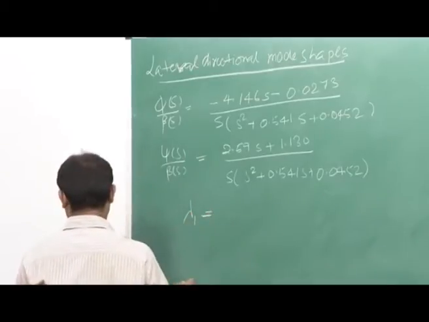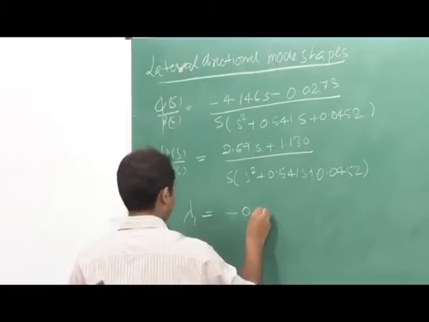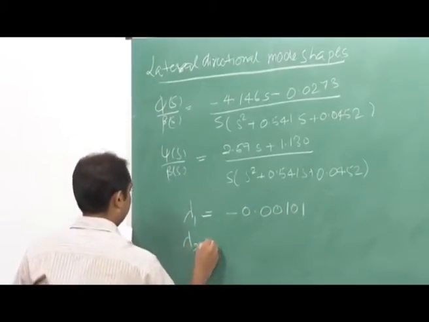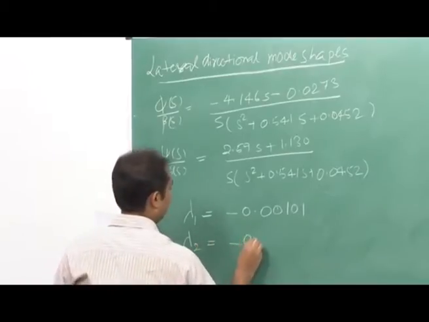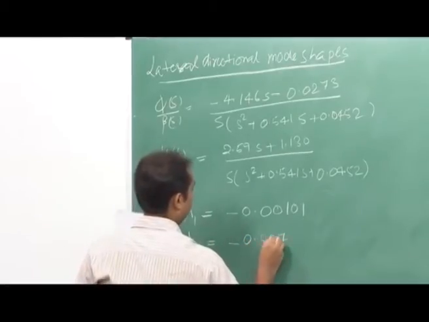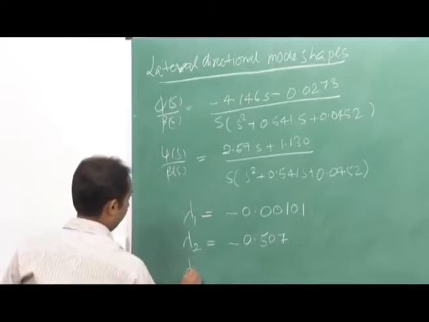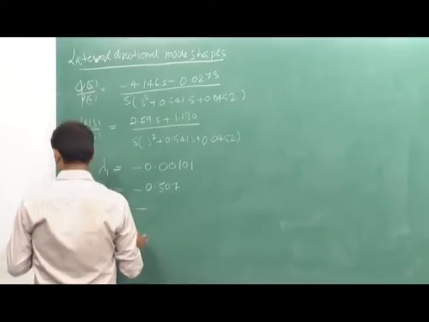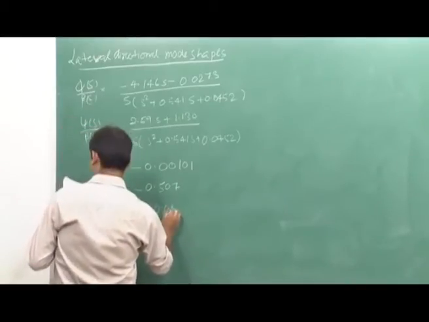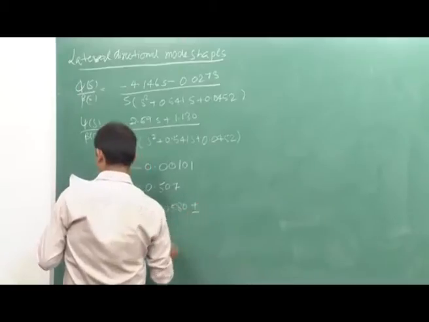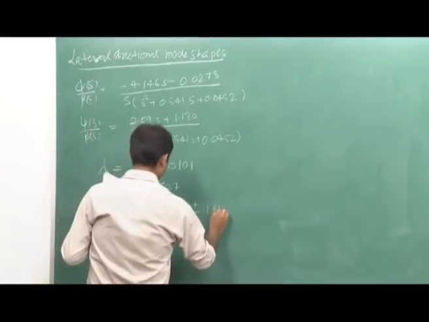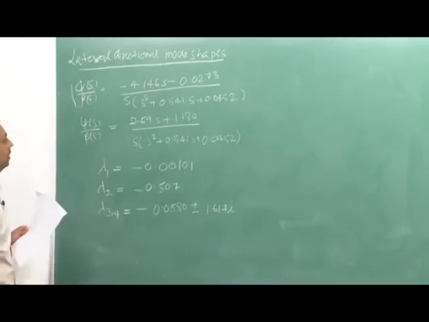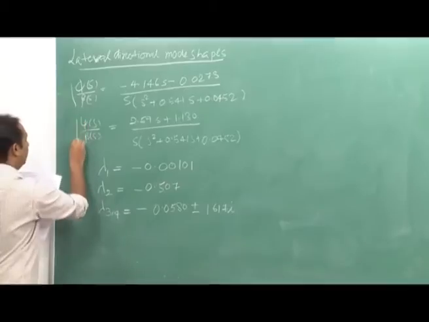Lambda 1 will be minus 0.00101, lambda 2 equals minus 0.507, and lambda 3, 4, a complex conjugate pair, is minus 0.0580 plus or minus 1.617 i.